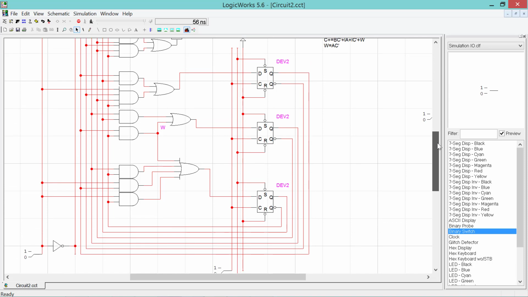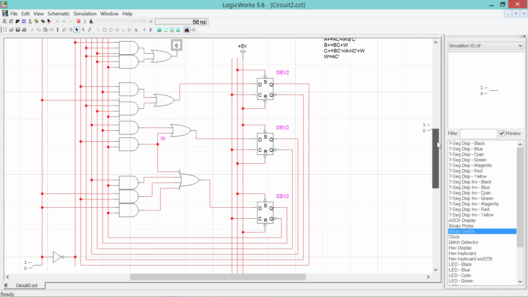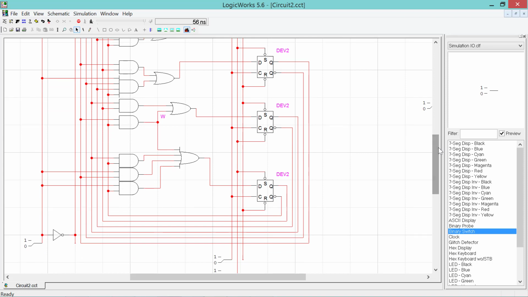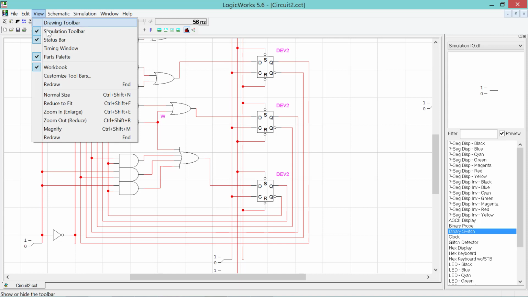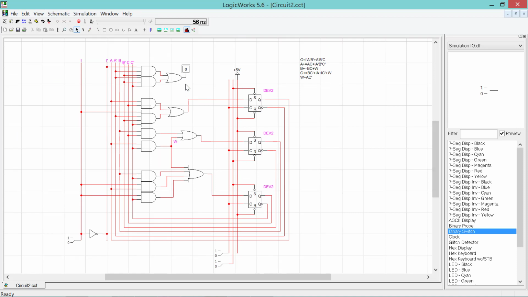So we have an alarm circuit now. A little bit difficult to see. So let's zoom out a little bit. Thankfully, we can still see the output and the binary switches. Notice that we are reset.